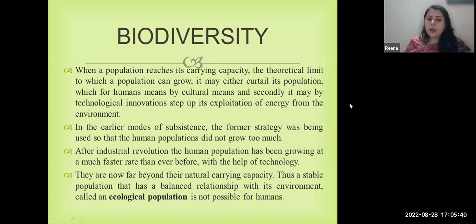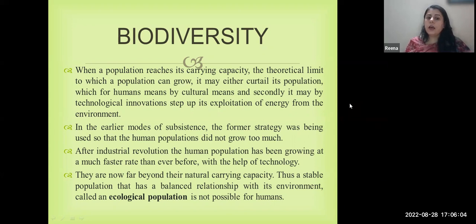So now, after the industrial revolution, why are we studying this carrying capacity in the unit of development? Because we want to know how development is impacting the environment, because the more development and technological interface, the more resources we are utilizing at a faster pace.